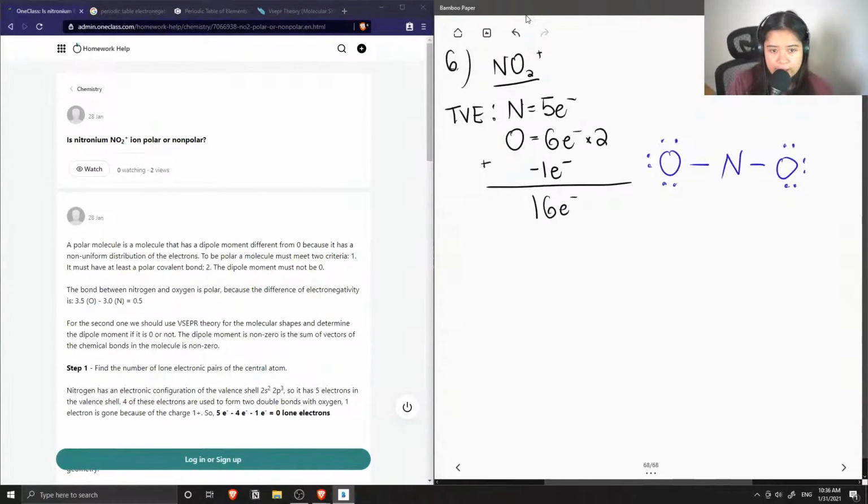So notice that we have our 16, but our nitrogen doesn't have a full octet yet. I'm just going to bring one of these lone pairs down to make a double bond.